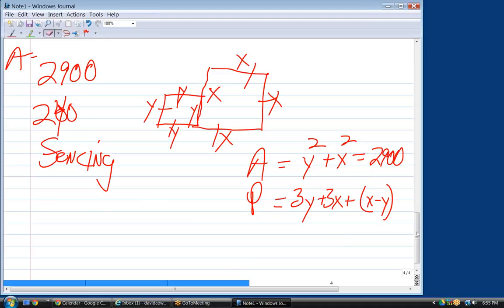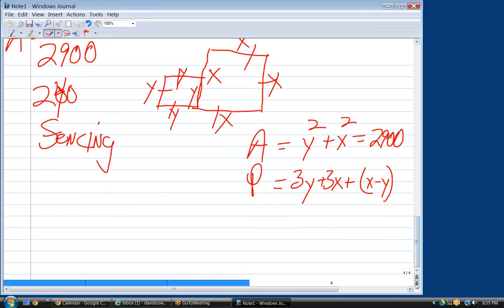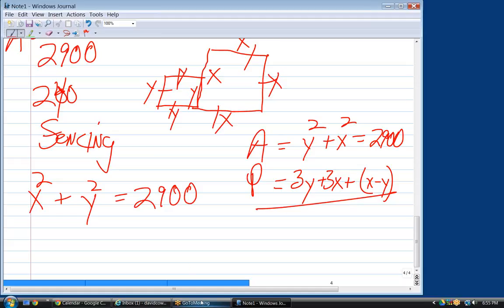So now we need to solve this system of simultaneous equations. Well, let's simplify the second one. First one is y squared plus x squared. Let's put it in standard format. Standard format has the x squared first, just to keep things consistent. What's that simplified to?